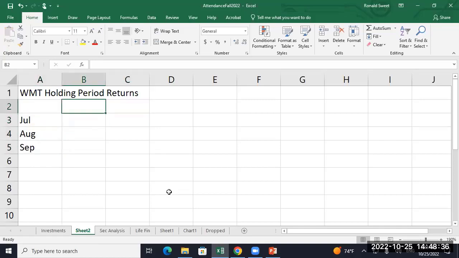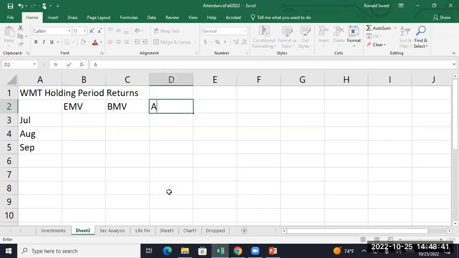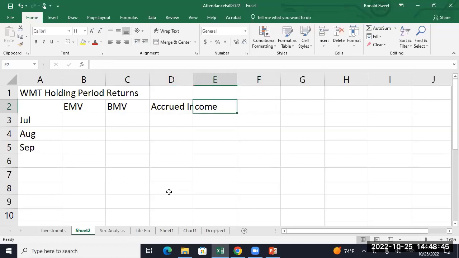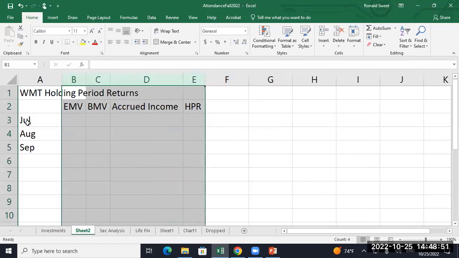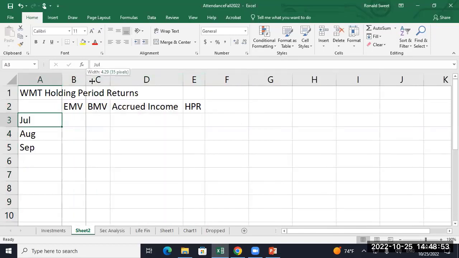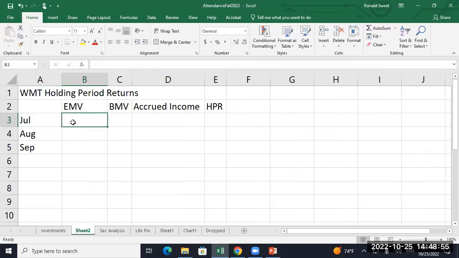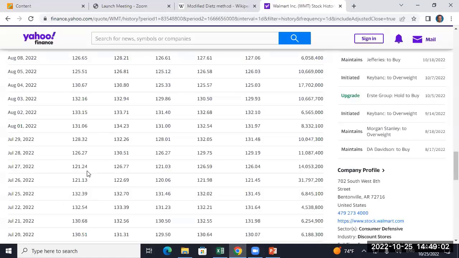So we need an ending market value, we need a beginning market value, and we need accrued income, and then we're going to get the holding period return. So what would be the ending market value for July? What date would that be? It's not a trick question.